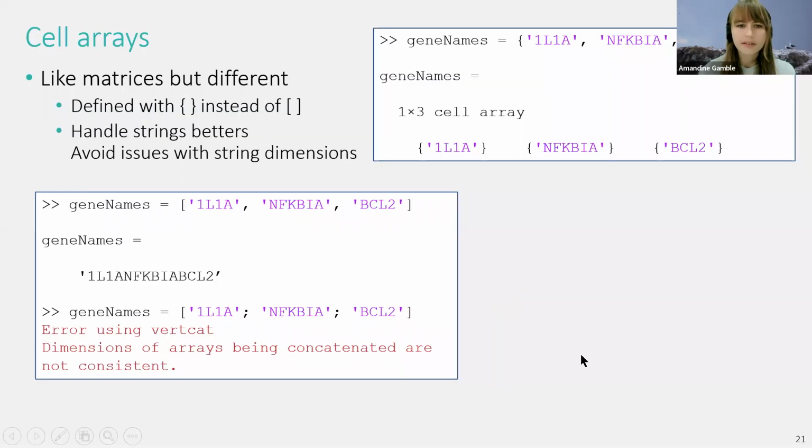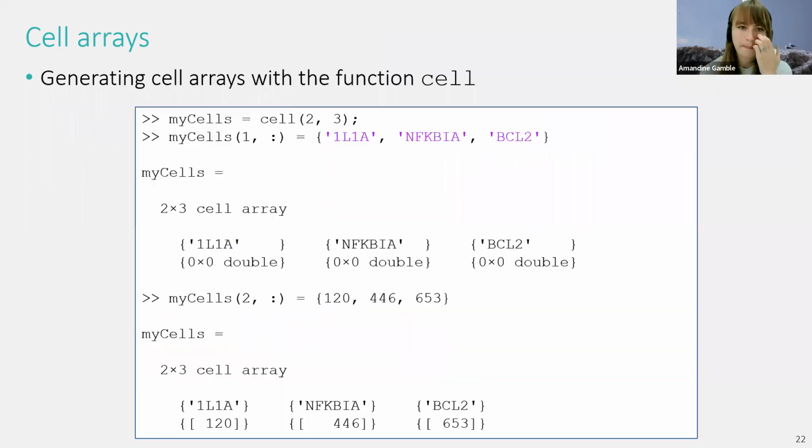Okay, perfect. So again, the difference between matrices and cell arrays is, when you define them, using square or curly brackets. And the main situation in which you want to use cell arrays instead of matrices is when you're handling character strings.